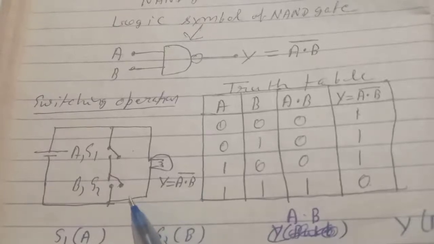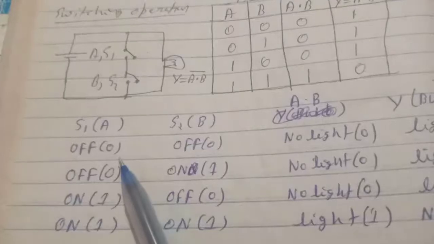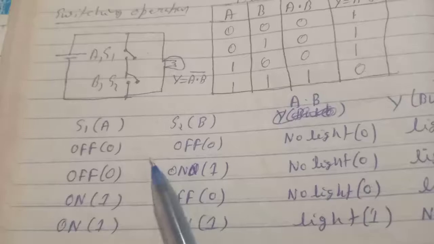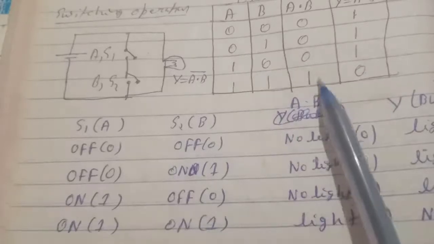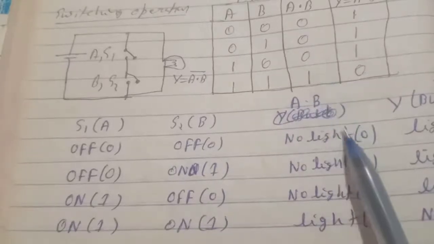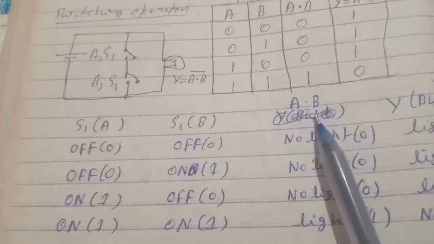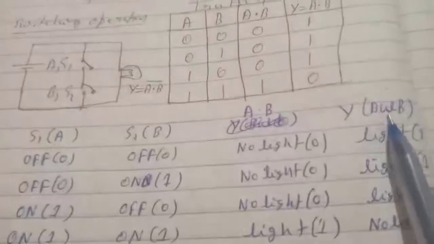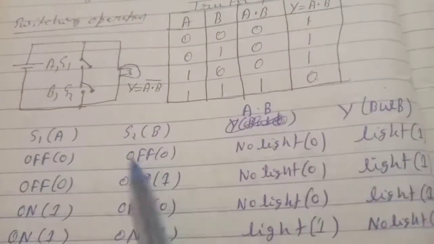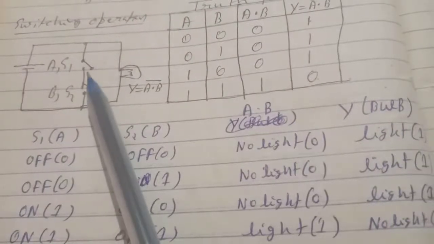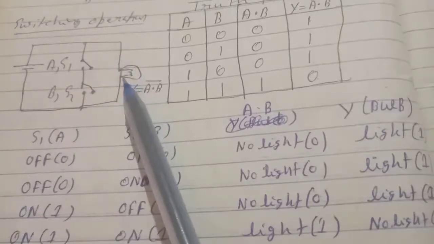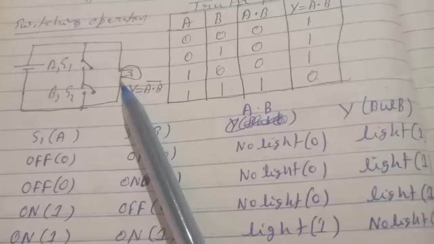Now see from the example here, S1 is off, that is 0, and S2 is off, then both are 0. Then we get no light, that is 0. A dot B will be 0, but Y, the output here, will be light, that is 1, because this switch is off, this switch is off, then current flows from this, and the bulb is lighted.